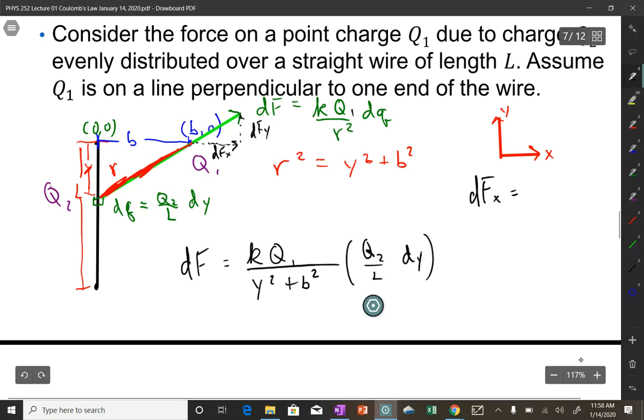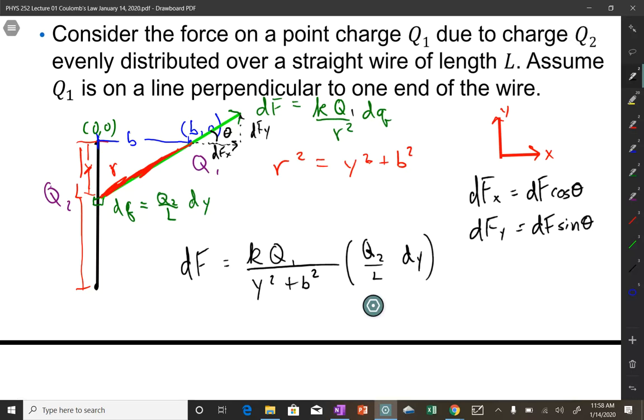We defined this angle, which I'm going to call theta, and we'd say dfx is the adjacent side of a right triangle, and so that would be df times cosine of theta. And what about dfy? That would be df sine theta. Ideas coming back, things that might have been forgotten in the Christmas break. It has been a while.